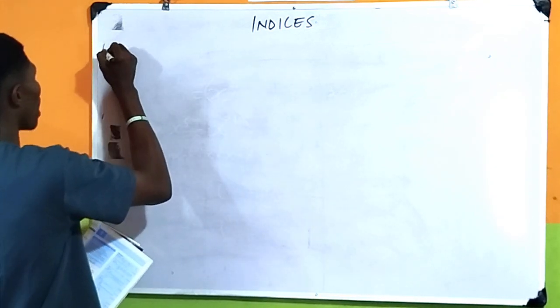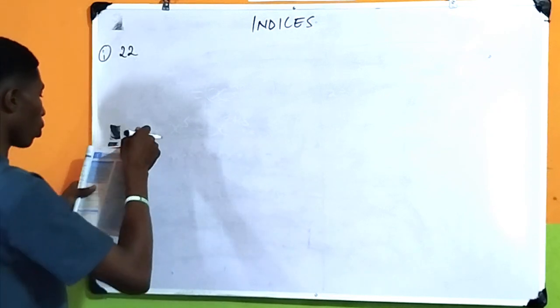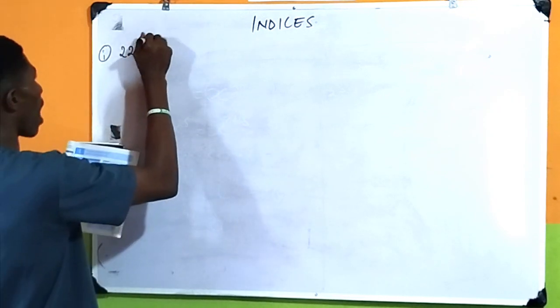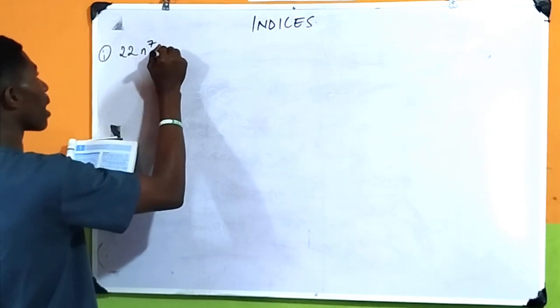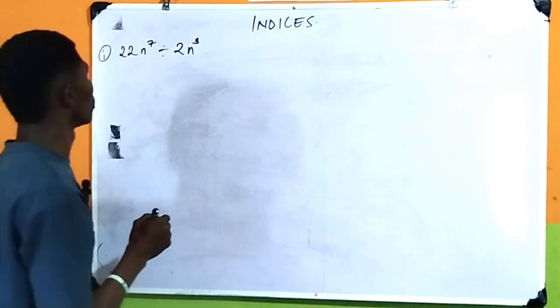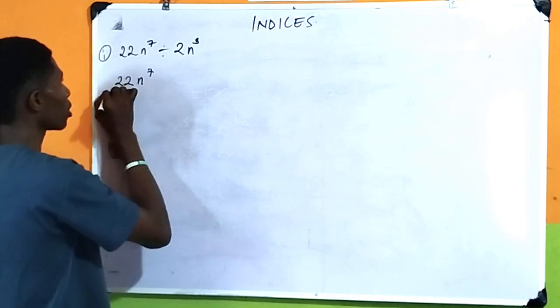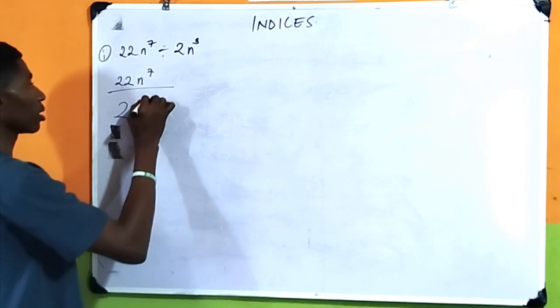Example I, under the division law: 22n^7 divided by 2n^3. This can be written as 22n^7 over 2n^3.